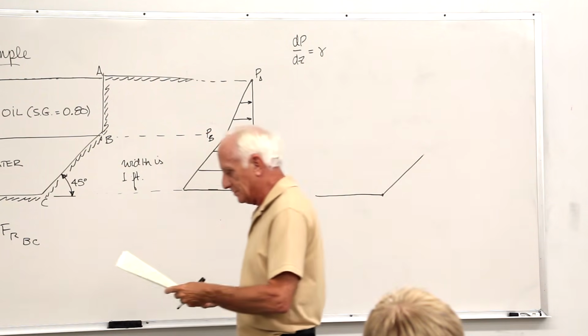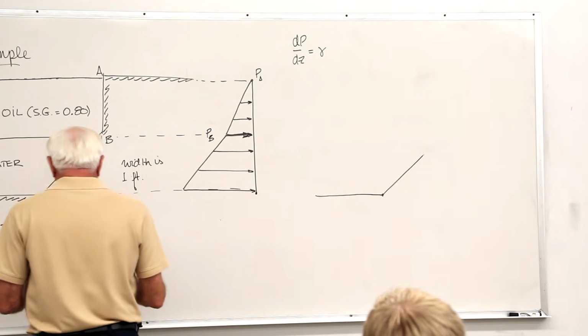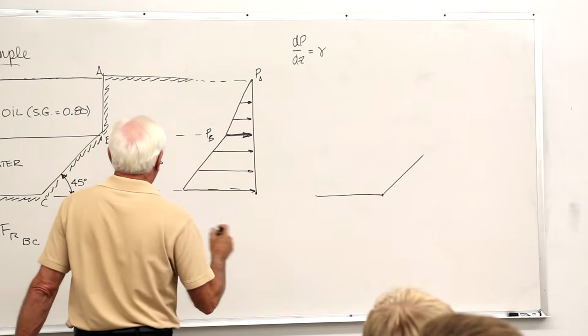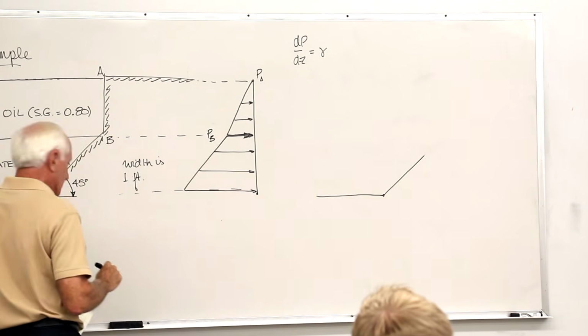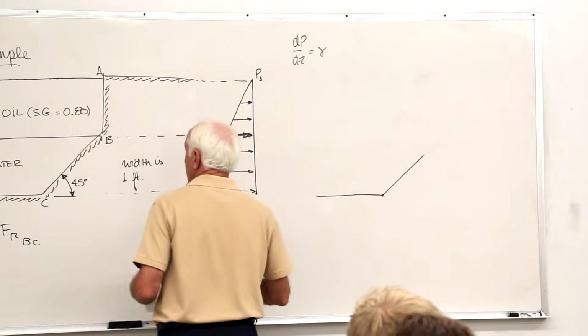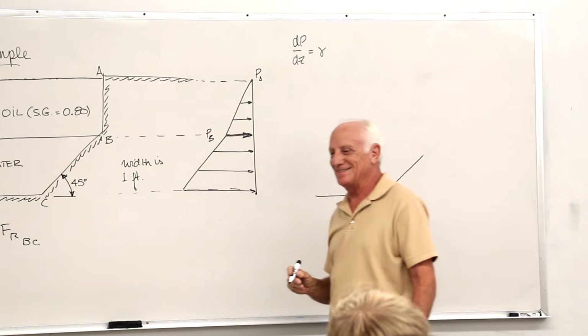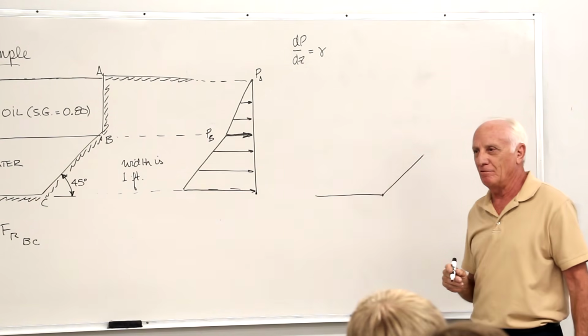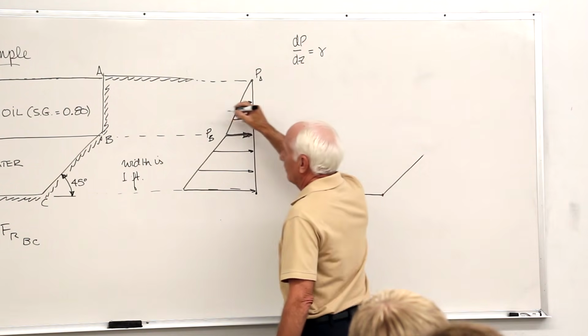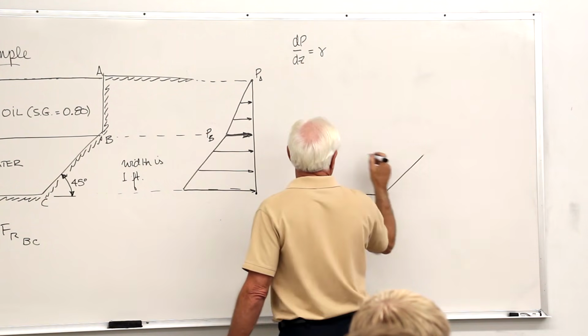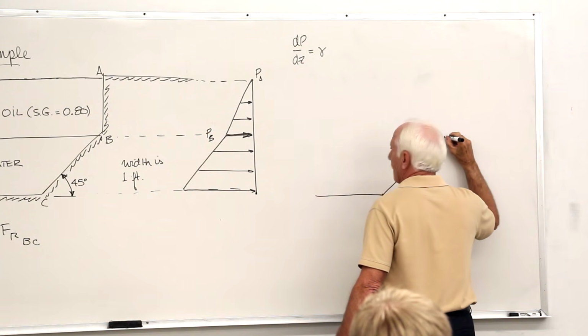Of course, you expect that. So, gamma is 8/10 times as heavy. 8/10 times 5 feet, 4 feet. Replace the oil with a layer of water 4 feet high.